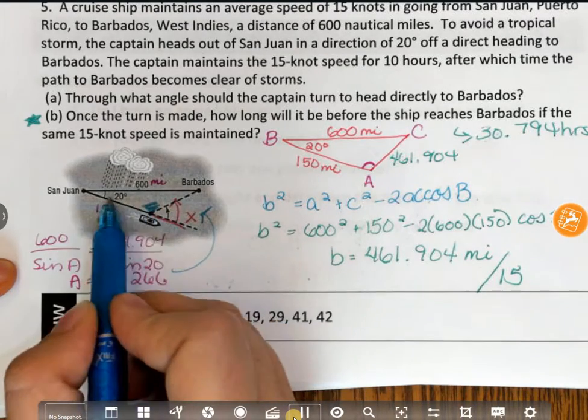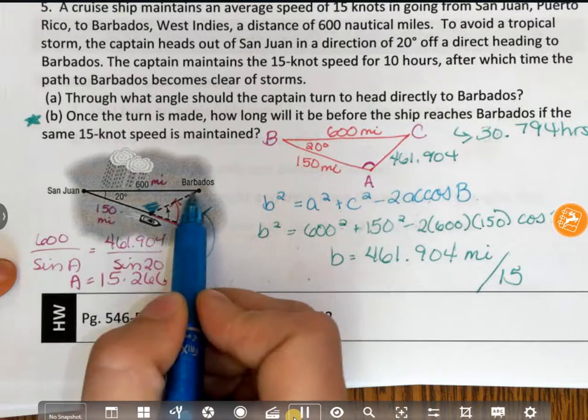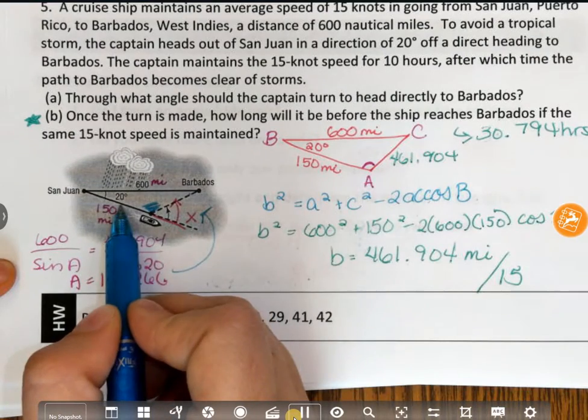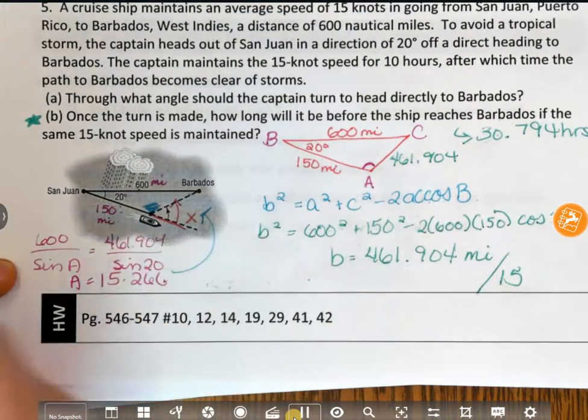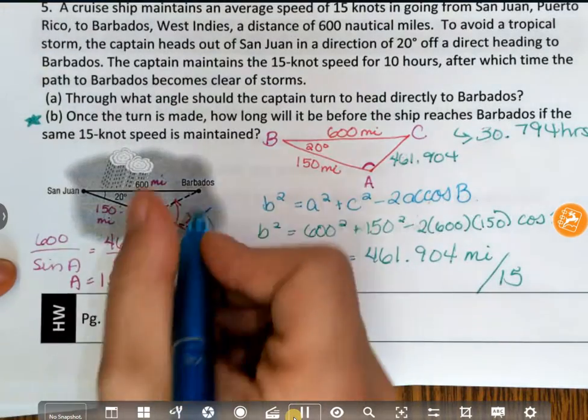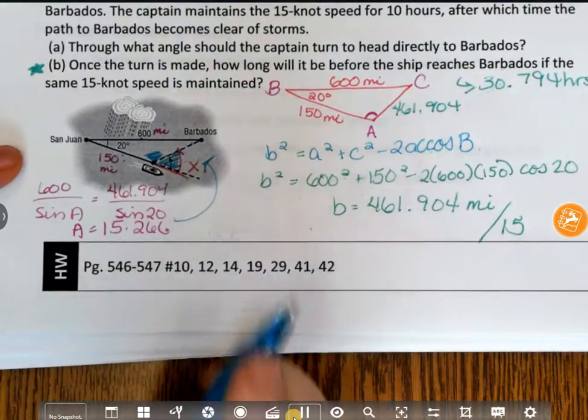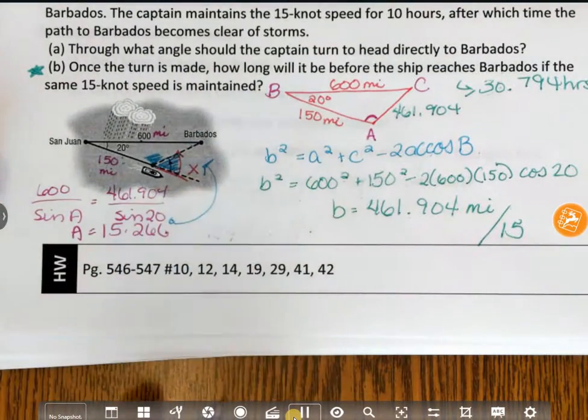So you can either stop and find this one first, find that angle because I know that is going to be acute, or you'll have to work through and hope that you're in the right spot. But this angle right here, the angle that you turn, is 15.266 degrees. That is why you got to be careful with the law of sines.